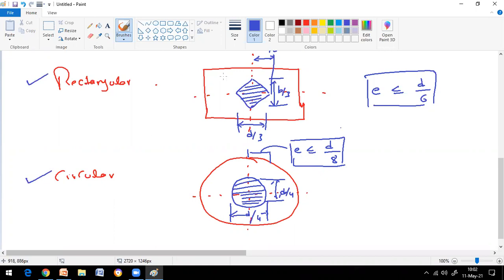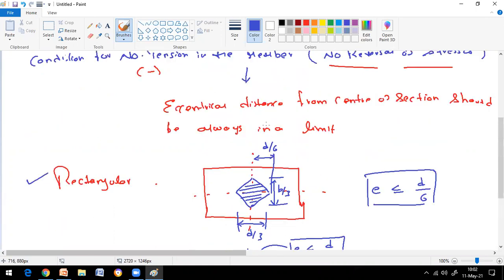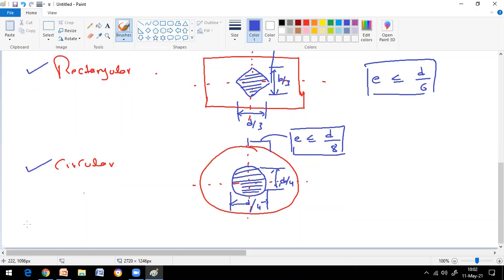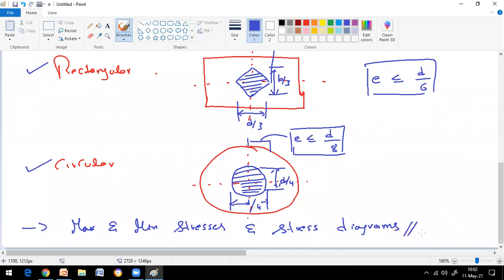Till this point we have discussed in the previous class, and we have solved a few problems on how to calculate the maximum and minimum stresses, and we also drew the stress diagrams. Clear? Right, so this is what we discussed.